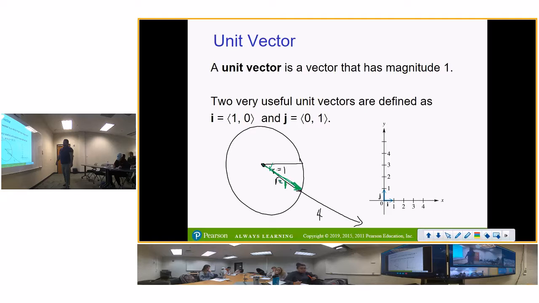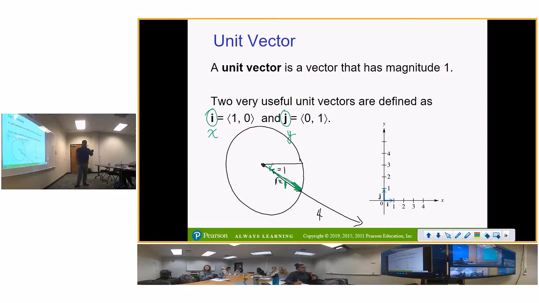Now, look at this. We have I and J. I means X. J means what? Y. And when you see I and J, they are talking about the unit vector. So from here on out, if you're in physics, dynamics, thermodynamics, whatever the case may be, when you see I and J, you're in context of the unit vector.